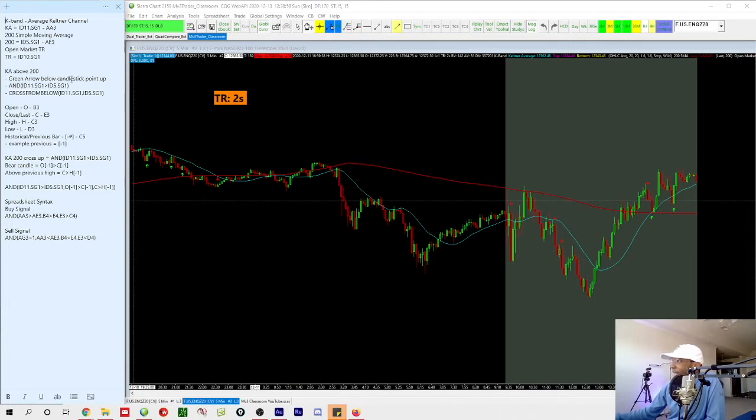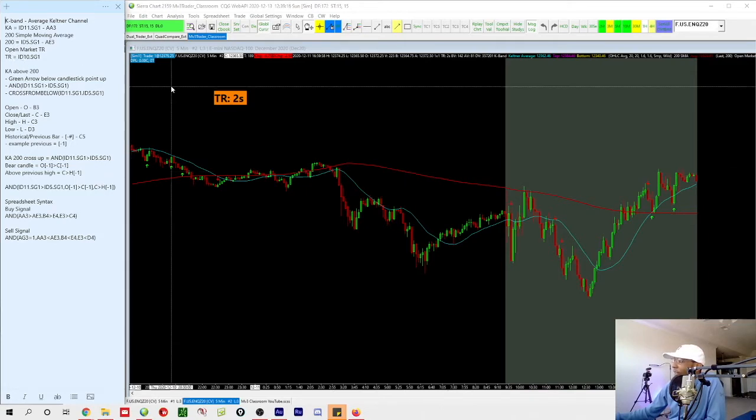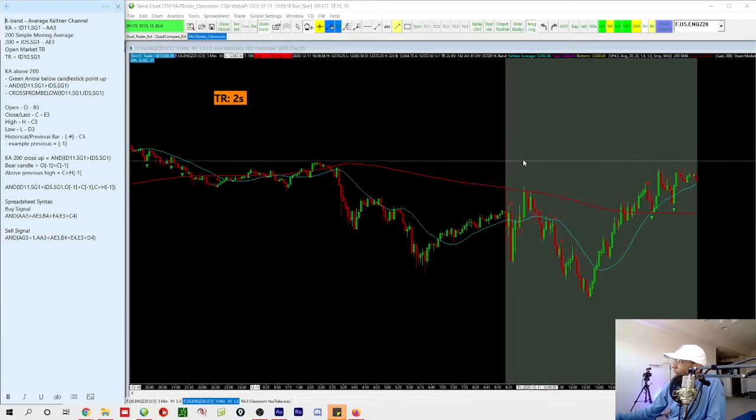So again, this blue line right here, this is what I'm referring to as the K-band, which is just the average of the Keltner channel, okay? And we're gonna reference that as KA, right? And then we got the 200 simple moving average, which is this red line right here, okay? We're gonna reference that as 200. Then we got our TR, which is our time range, which is this green background right here. We can also use that if we want.